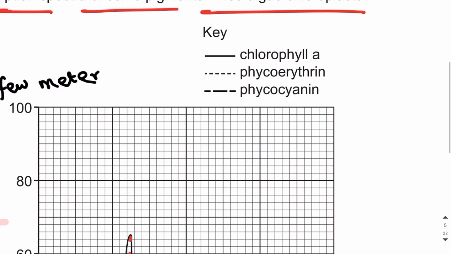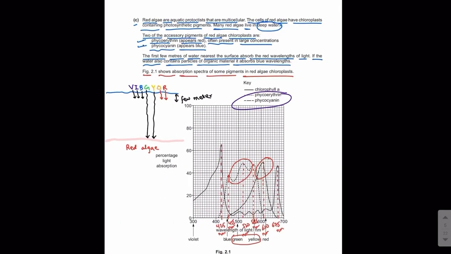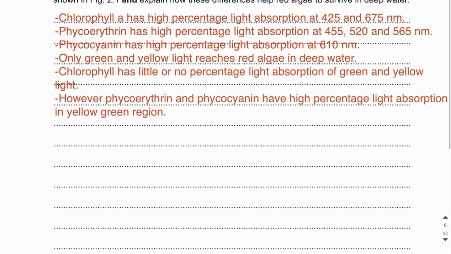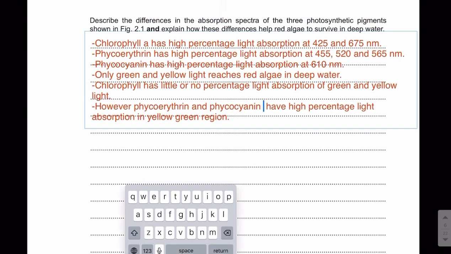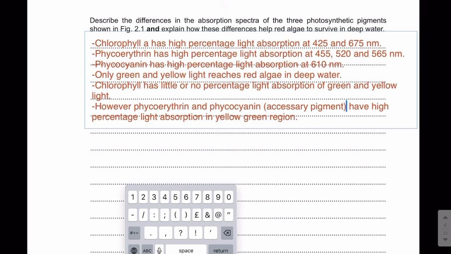So guys, we can see that the red algae is surviving in deep water because of these two accessory pigments, phycoerythrin and phycocyanin, right? So you can mention that, however, phycoerythrin and phycocyanin accessory pigments have high percentage light absorption in yellow-green region.